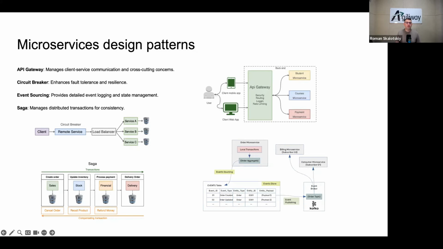Next pattern is the circuit breaker. The circuit breaker pattern improves fault tolerance and stability. It prevents cascading failures by monitoring the service calls and tripping the circuit when the failures reach the threshold.